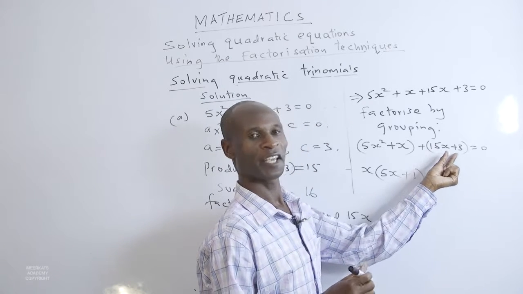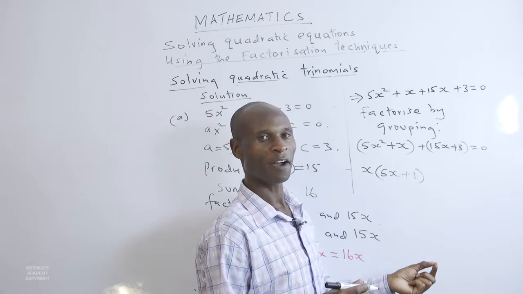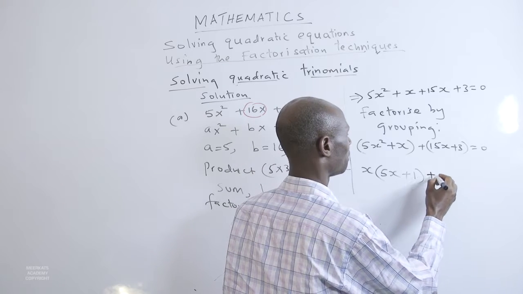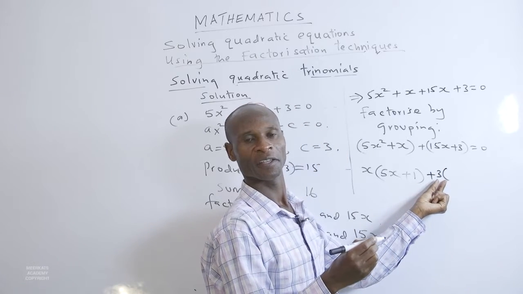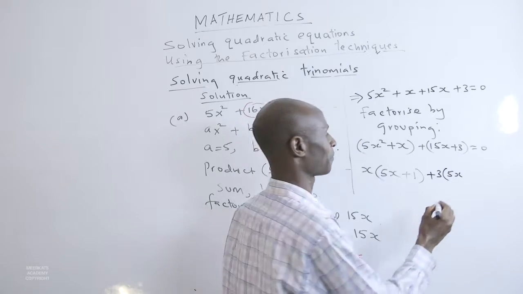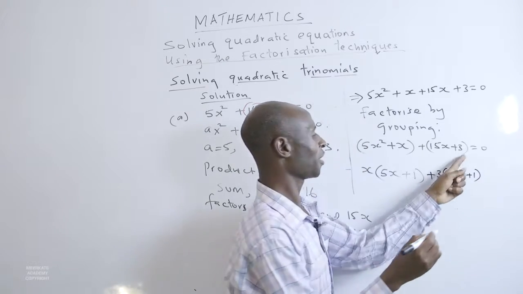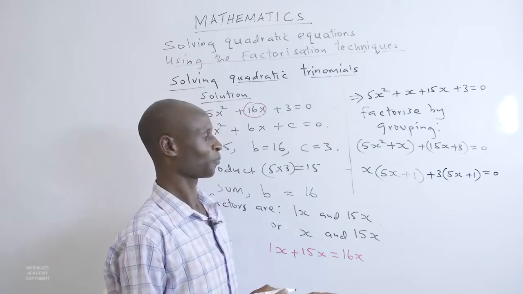Then between 15x and 3, what is the common factor? The common factor is 3. 15x divided by 3 is 5x. 3 divided by 3 is 1.